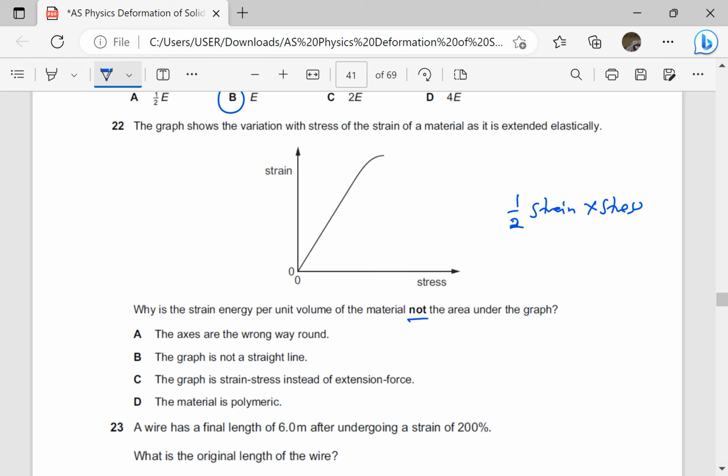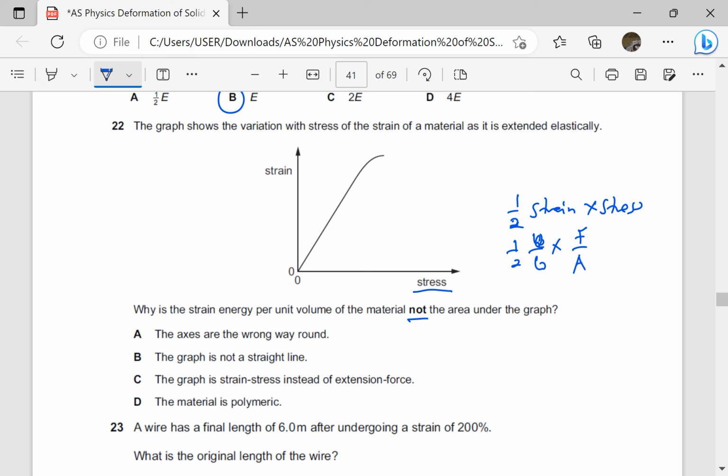If we try to establish the area under the graph, with the x-axis where we have the stress, this would give us a half times the strain, which is extension over original length, then times the stress, which is going to be force over the cross-sectional area A.